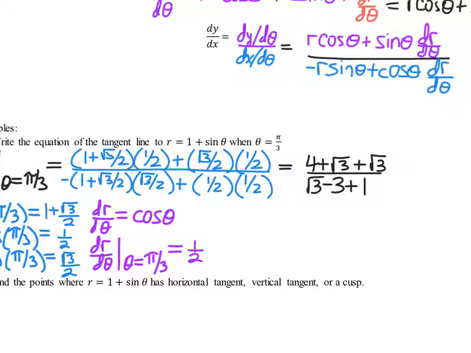So, ideally, I'd like to find any mistakes before I go home and have to do an entire lesson again. So 4 plus 2 radical 3 up top. And then negative 2 radical 3 minus 2.